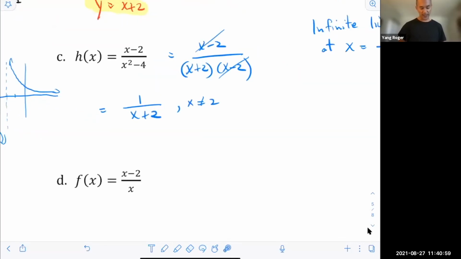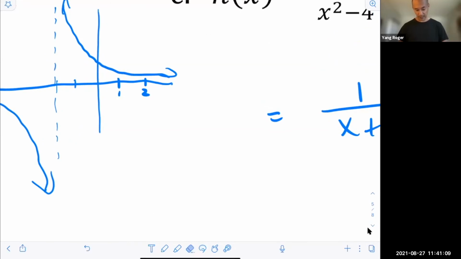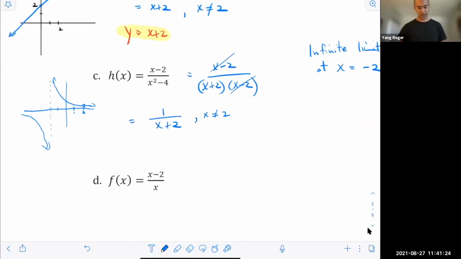So what I need to do is come over here. Let's just say here's 1 and here's 2. I need to take my eraser and put a hole there. Put an open circle at 2. So this is what my graph looks like.